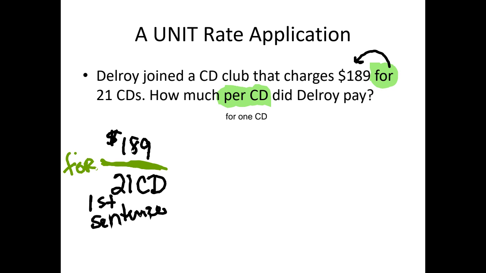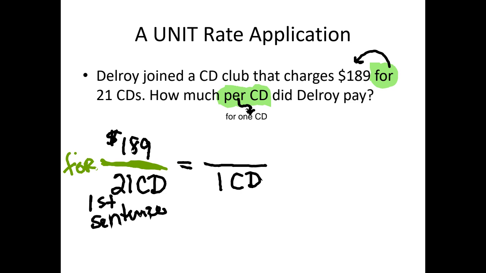Well, okay. Per means I want 1 CD down here on the bottom. Now, how do I go from 21 to 1?